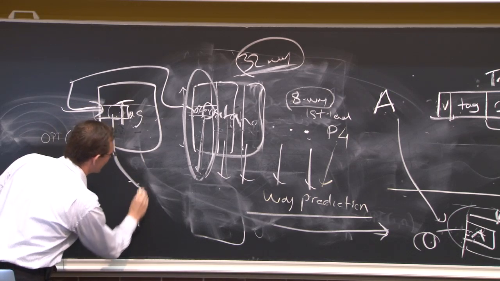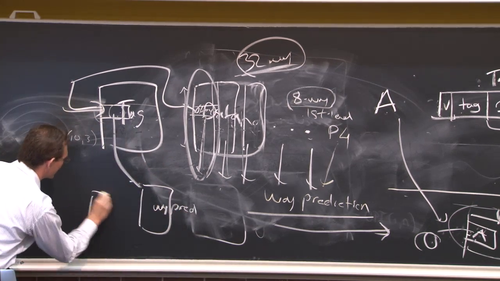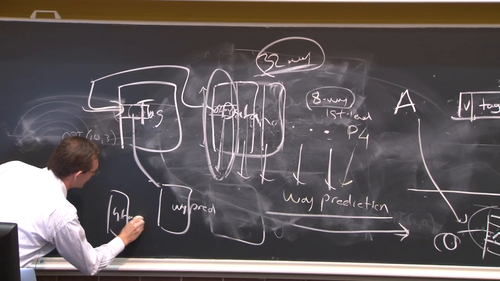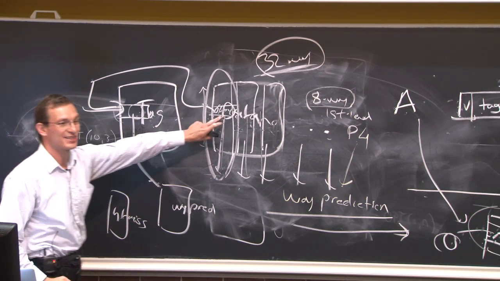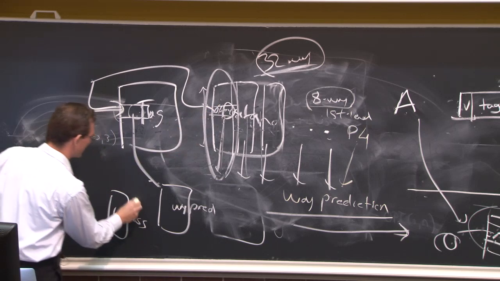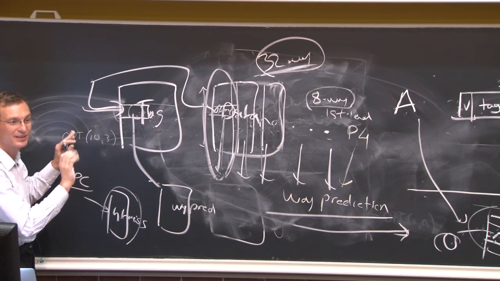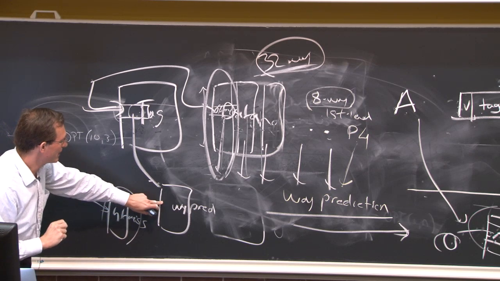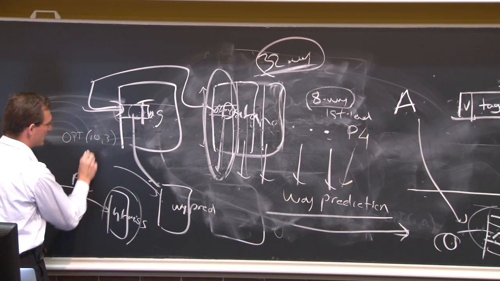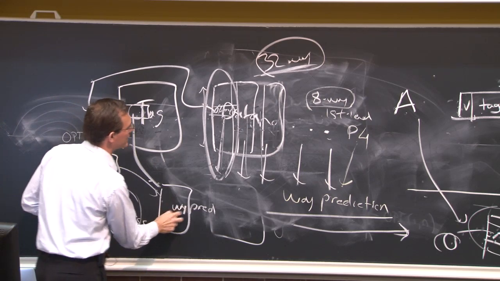If you have a way predictor, or a hit-miss predictor complemented with a way predictor, now you can decide intelligently whether or not you should access the data store. That's what the hit-miss predictor says, basically by looking at the program counter, for example. And the way predictor may also look at some bits of the address of the load and say, oh, that's going to be in this way.